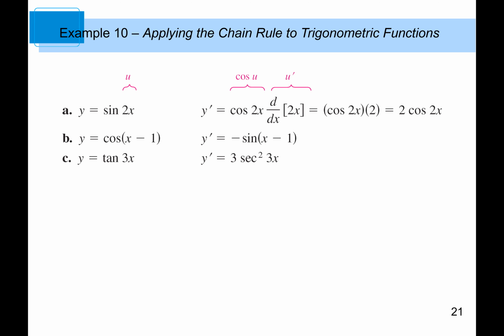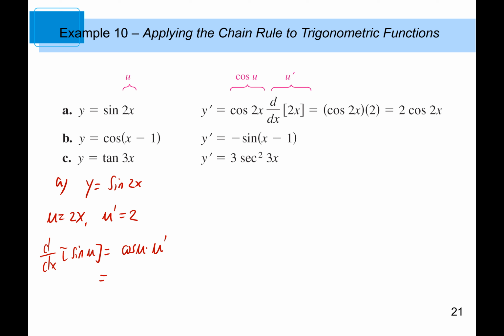Alright, so we have y equals sine 2x. So here automatically u equals 2x. Now u prime equals the derivative of 2x, which is 2. Now we are gonna apply this: sine u equals cosine u times u prime.